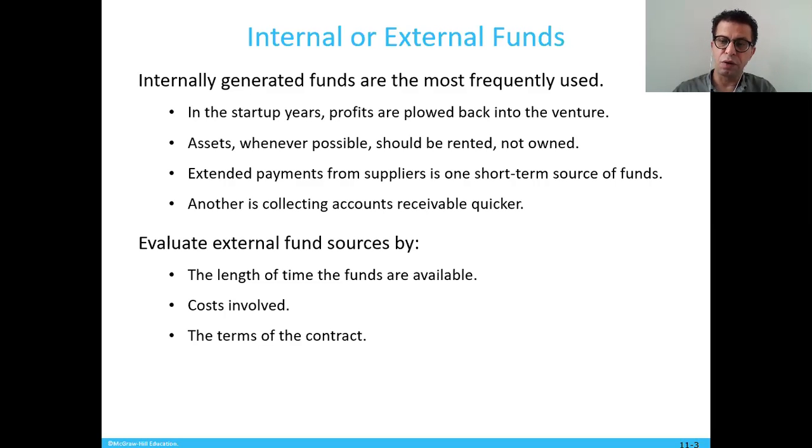If you are borrowing money from a bank, what is the interest rate, and also the terms of the contract involved in borrowing the money or having somebody invest in you. You need to evaluate these and see which way you're going to go as an option for yourself.